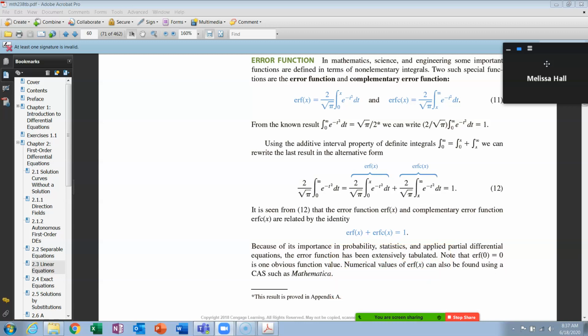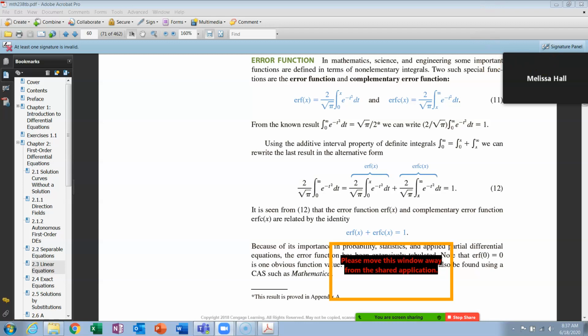And we talked about the error function last time, and we didn't have time to do anything with it. So this is just a quick review of what the error function is, how it looks. Here's the error function here. And you can see my book, right? Okay, good.